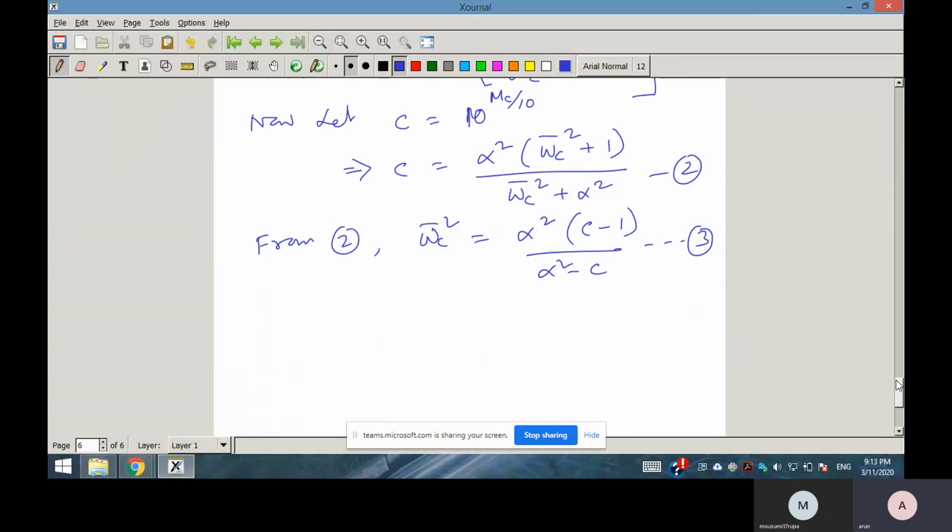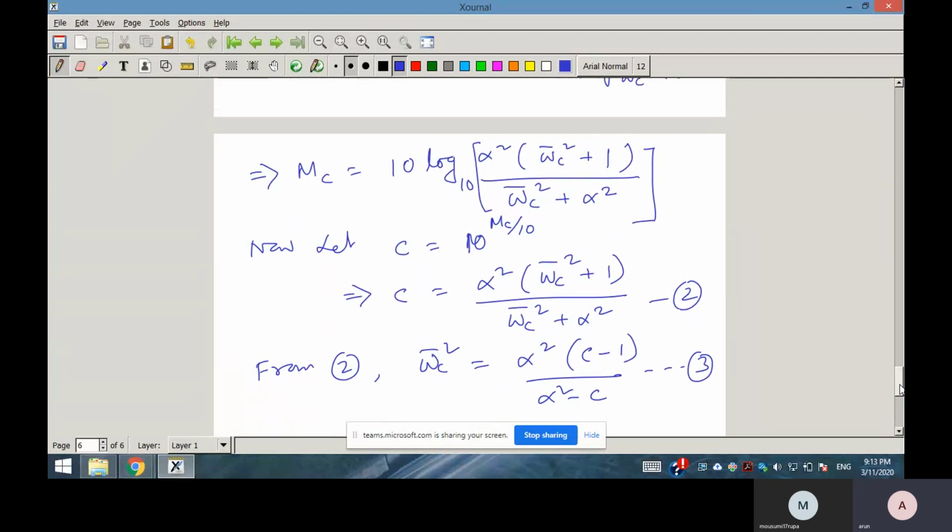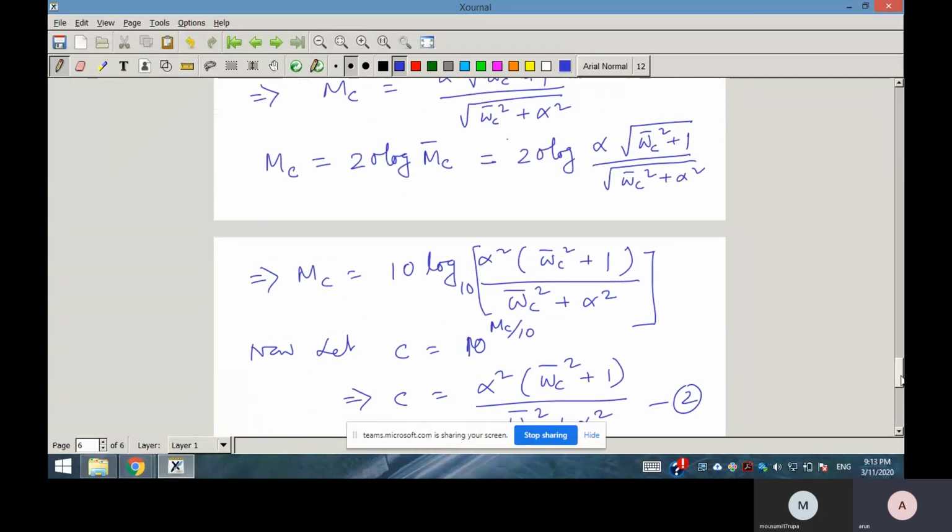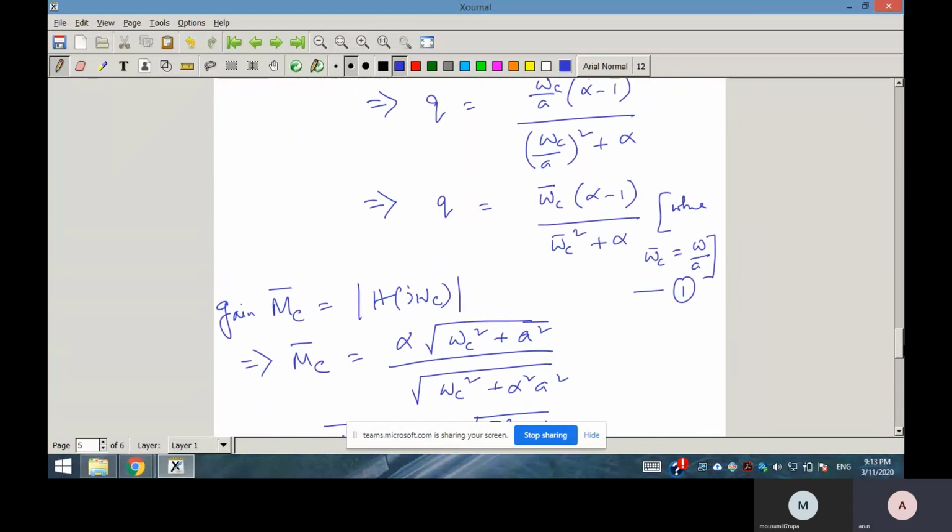Then what will you get? This omega c bar square, you substitute in this expression.